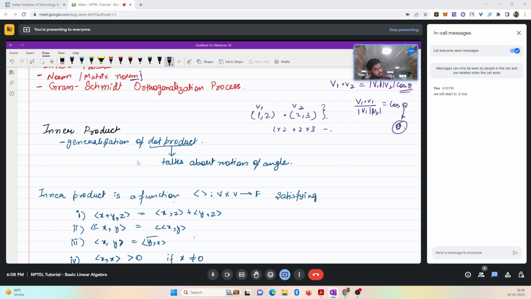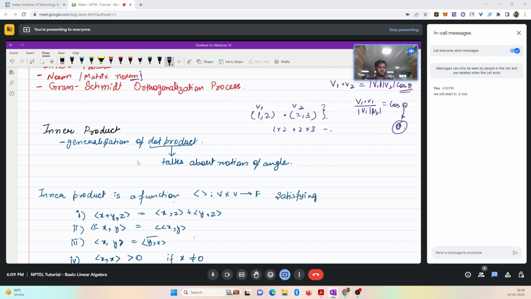Okay, so when we extend our notions of everything, like vectors or linear transformations, we want a generalized notion for dot product also. In mathematics, generally when you try to make a concept more abstract or more generalized, you pick some of the properties of your objects that you know and make those a definition.